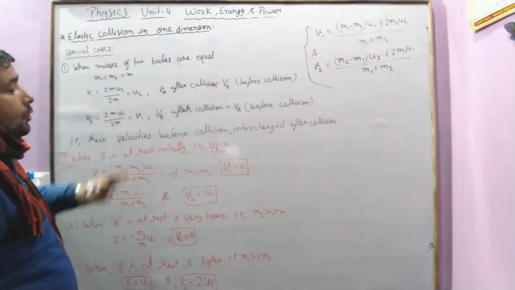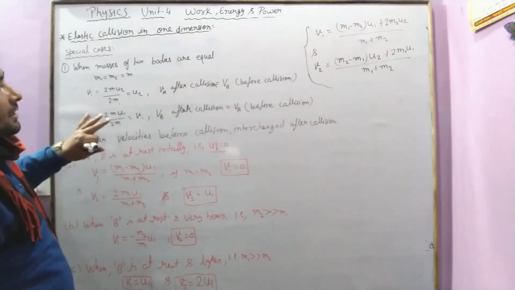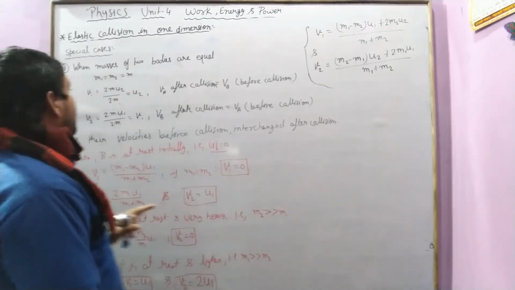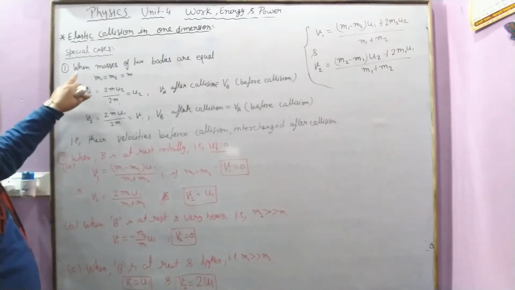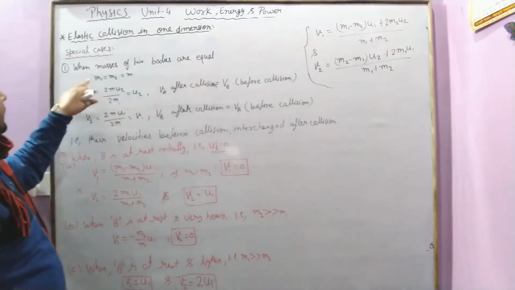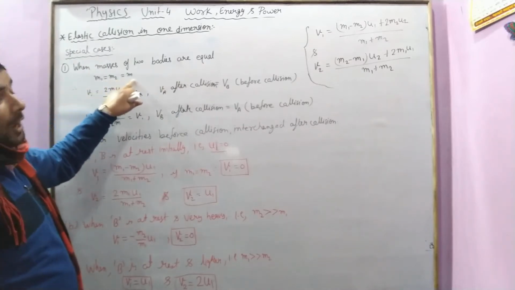Now we have two special cases, and in the second case we have three cases. So first case, when masses of the two bodies are equal, that is m1 equal to m2 equal to m.